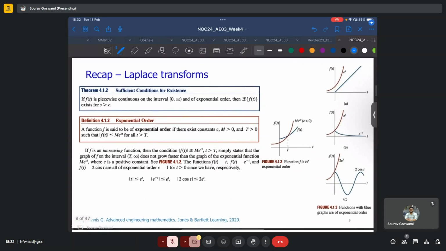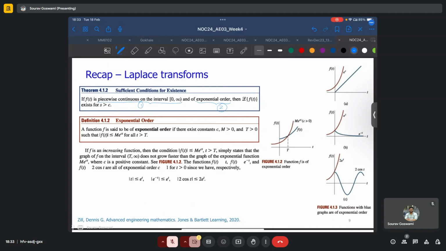For more mathematical rigor, we will also look at the conditions for the Laplace transform to exist. So if f(t) is a piecewise continuous function on the interval 0 to infinity and of exponential order, so there are two conditions here: piecewise continuous on this interval, and of exponential order, then the Laplace transform of the function f of t exists for s greater than c.